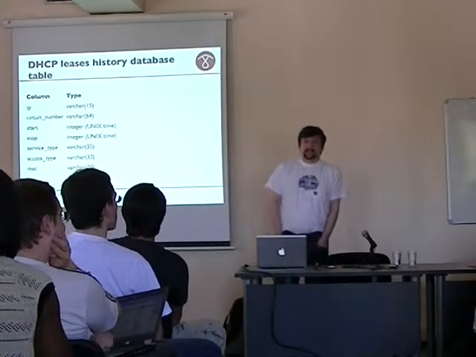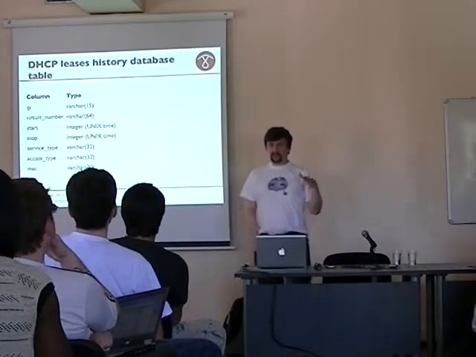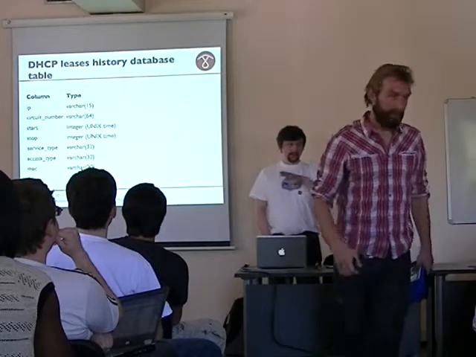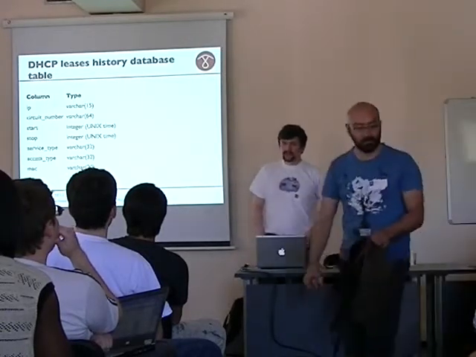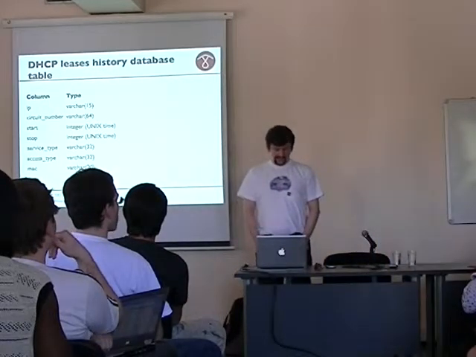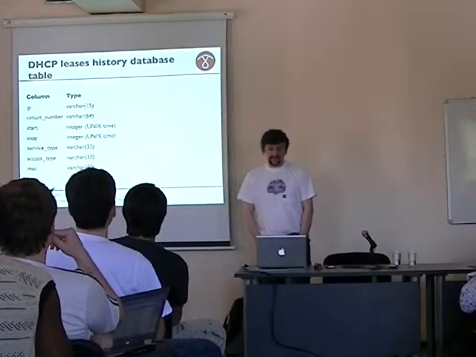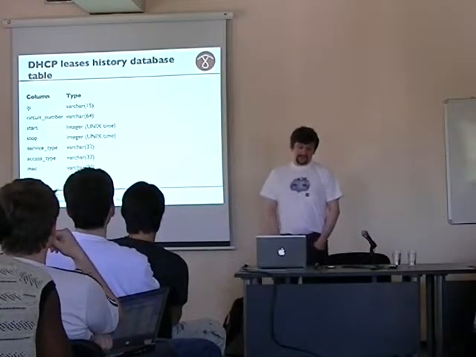So the database was really simple, right? Because it had to be really performant. So we are not talking about 25 tables with 50 indexes and stuff like that. It was really, really basic. Basically, we had a single table with the following columns in it.